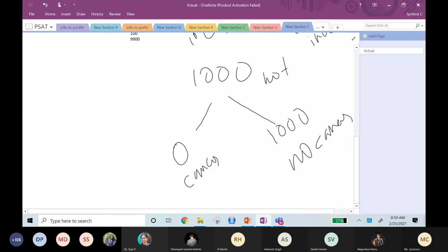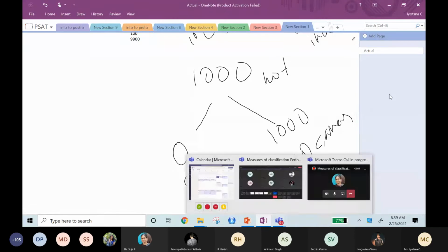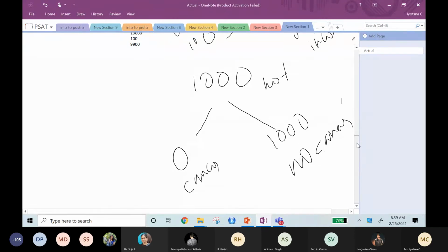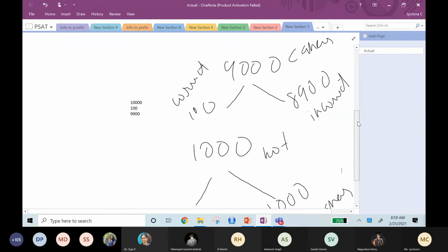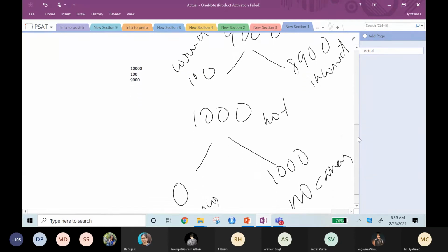Okay, so can you make the confusion matrix from this one? Write the confusion matrix and find the accuracy, precision, and recall. Hope you understood this one. So 9,000 have cancer. In that, 100 have been correctly classified and 8,900 incorrectly classified.